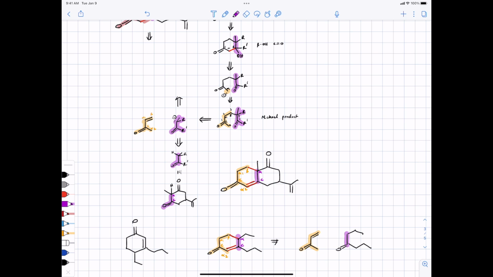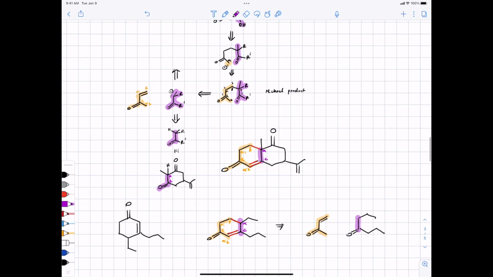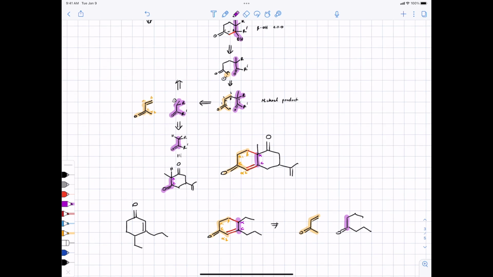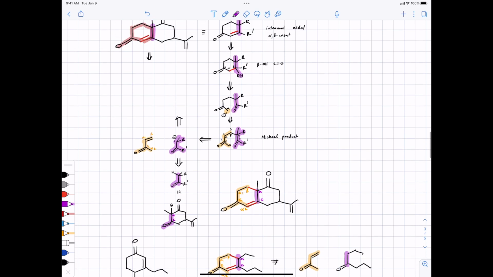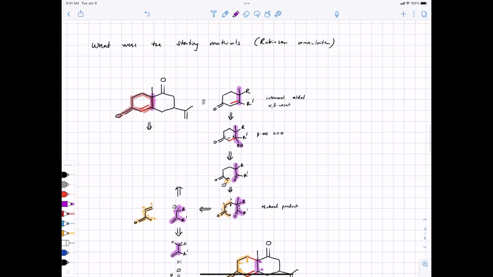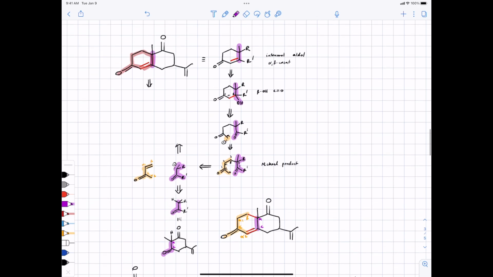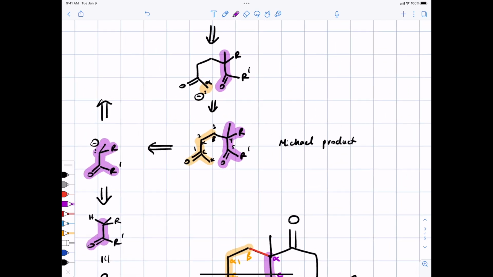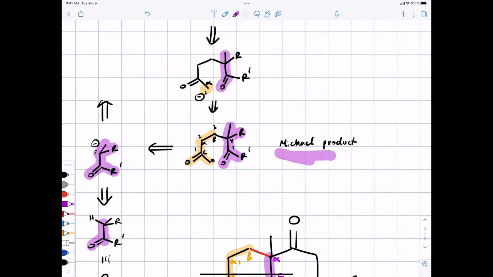So we're always going to assume that this set is the right set. What set? Sorry, say that again. The reactants that we created. There are two different sets that can make it. In the last case, trying to break apart your Michael product into two different things, there's going to be two ways to do that.